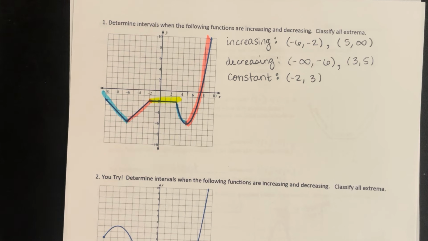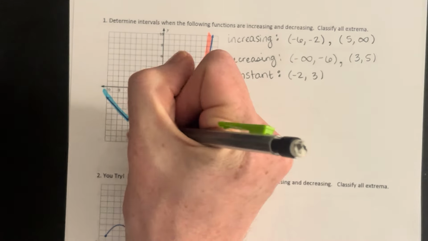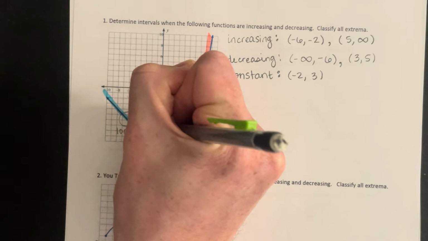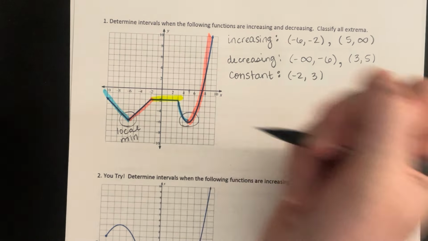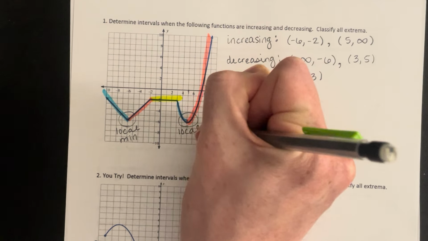It does say classify all of the extrema. As I look at this, a change from decrease to increase would be a local minimum. In that first section, we do have a local min. But there is another change from decrease to increase that shows another local min.